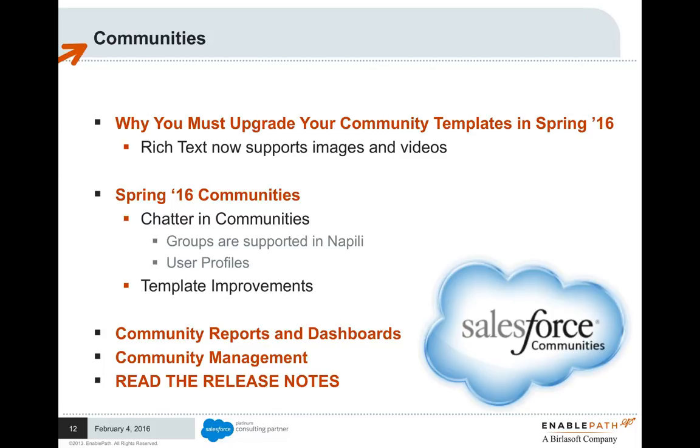In particular, the rich text component now supports images and videos. So if you've been using the Napoli template or any of the other templates, and you've found that your communities maybe look a little bit bland, and you've been looking at maybe writing Visualforce pages, writing custom components, and so forth to add images, well, now you can add images and videos and really bring that, I don't know what the term is now.